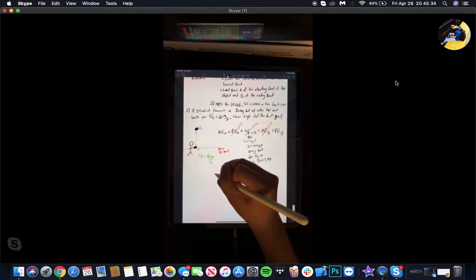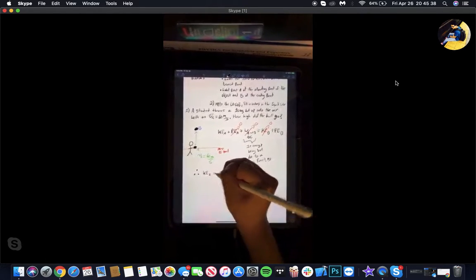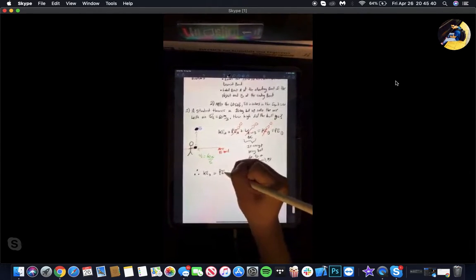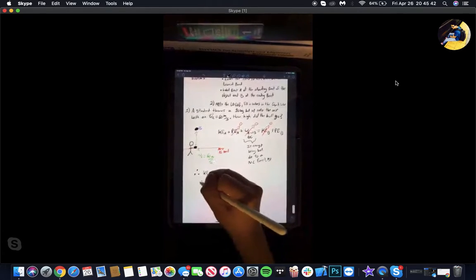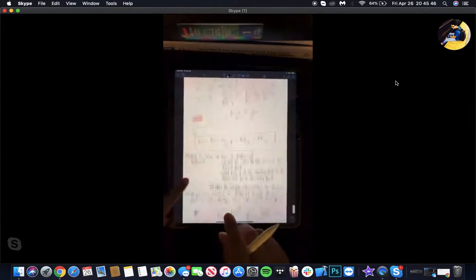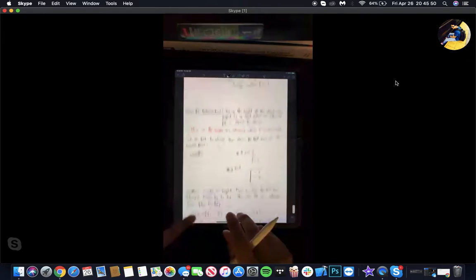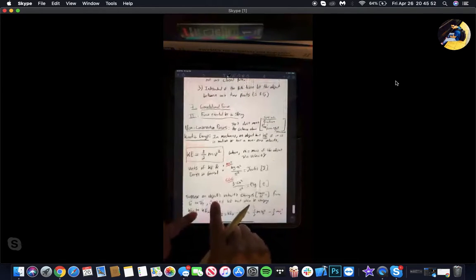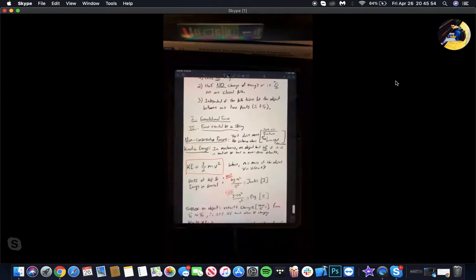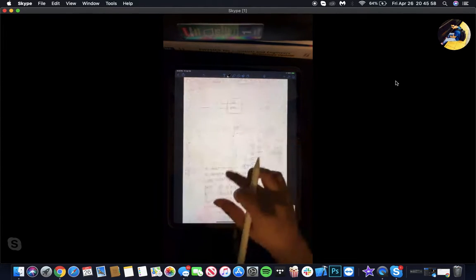So therefore, kinetic energy, remember, is one half m v squared. Right here, one half m v squared. Okay, this is fun.